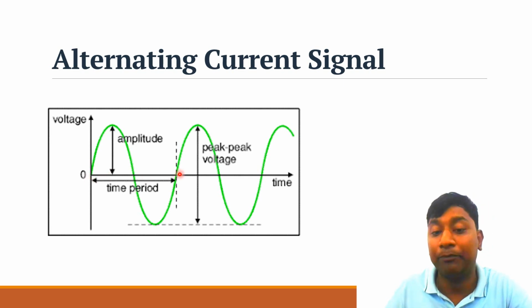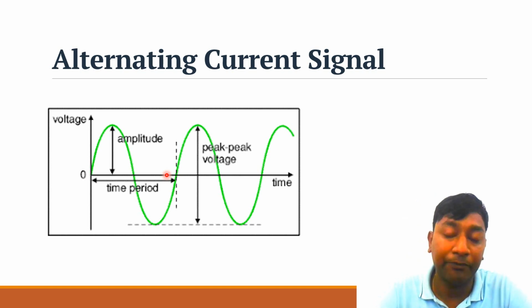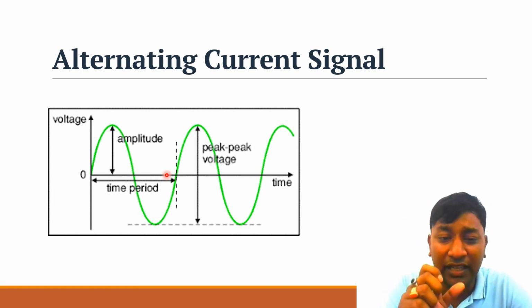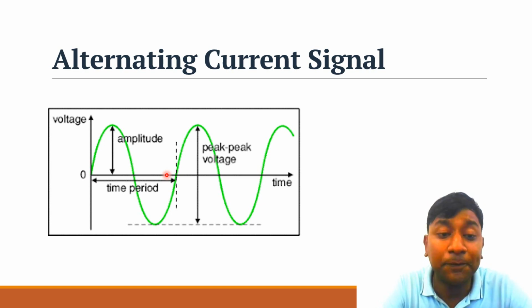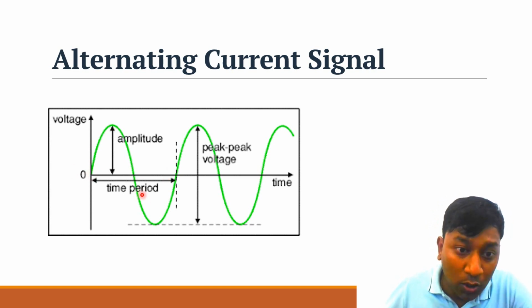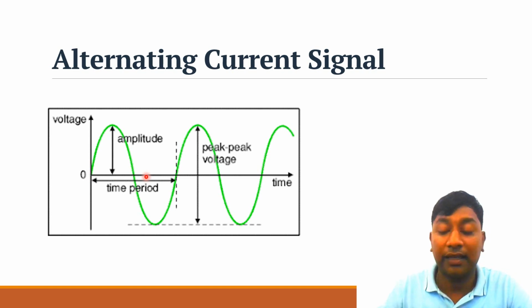We know the frequency is 1 by time period. These are the different terms related to the alternating current signal, and this is also called one cycle, the phenomena repeating back after completion of the time.